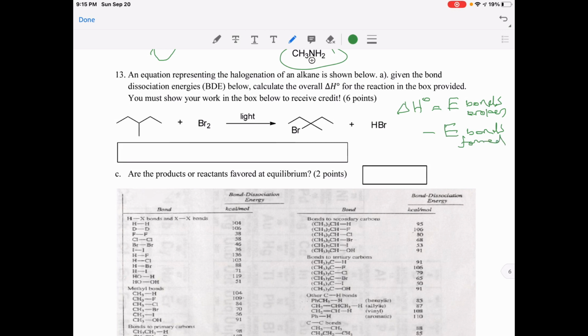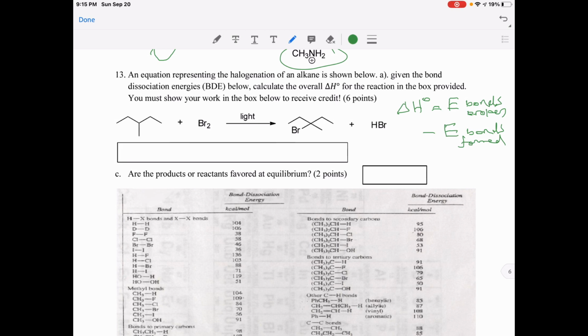So in order to reach this formula, we have to first identify which bonds are actually being broken and which bonds are being formed. When we see the chemical formula, we see a few things.